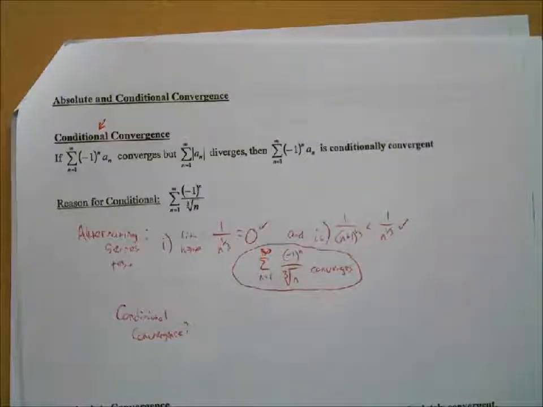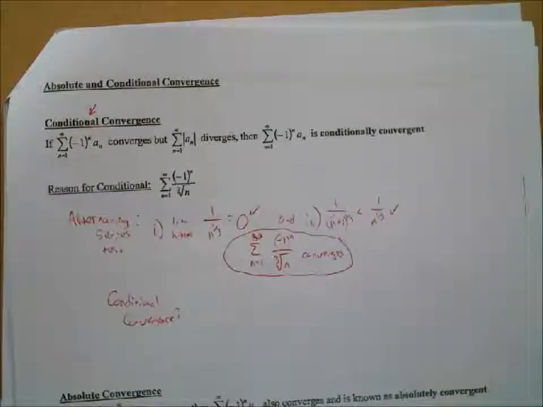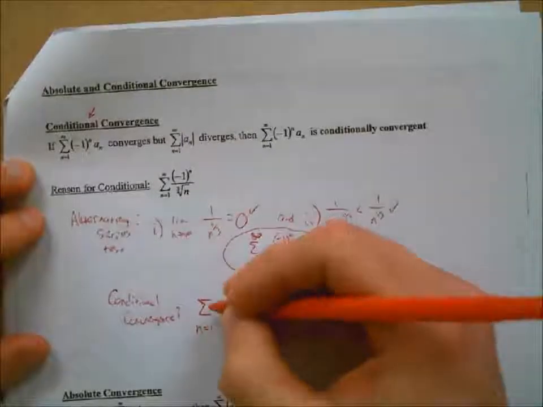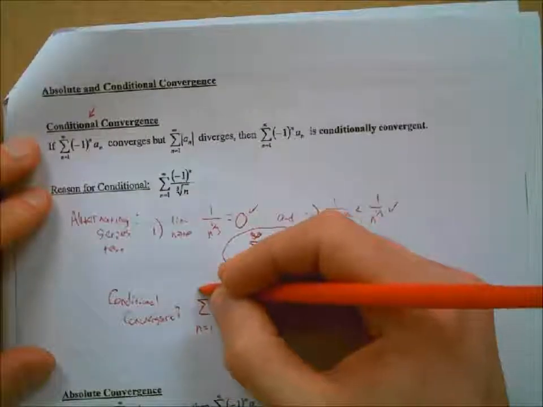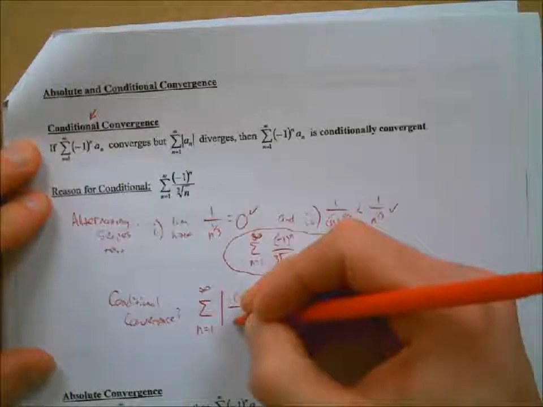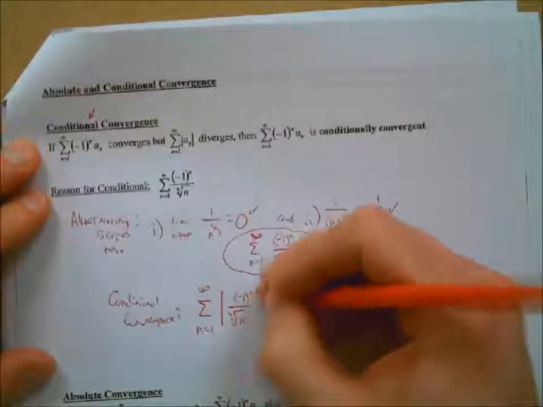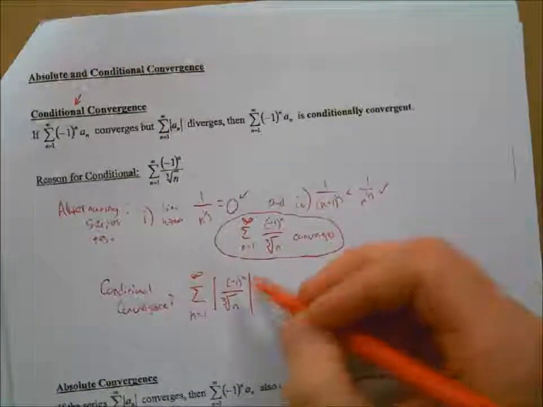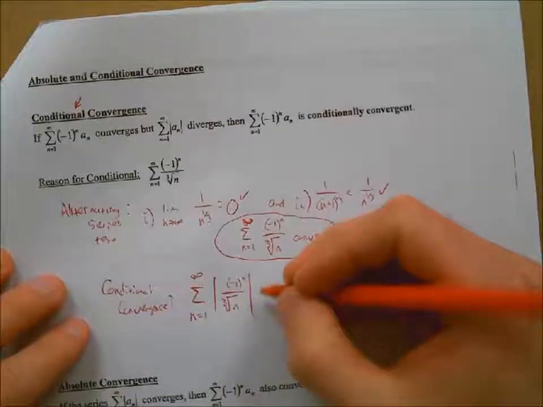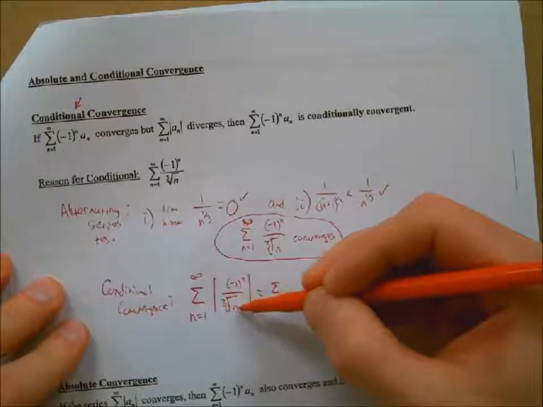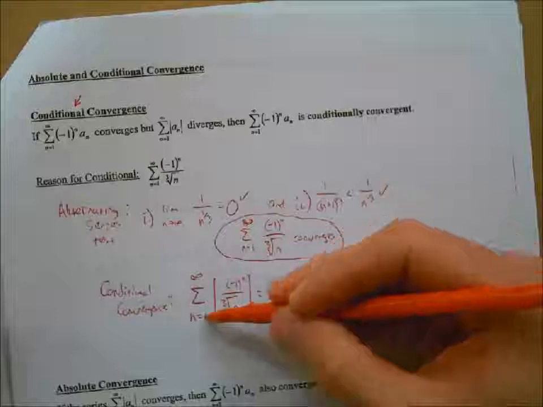Make sense? Okay, so conditional convergence. Now we're going to check the sum from 1 to infinity of the absolute value of -1 to the n over the cube root of n. If we take the absolute value here, what's going to happen to this alternating piece? It goes away. The absolute value of the cube root of n is still cube root of n because all of our n's are positive.